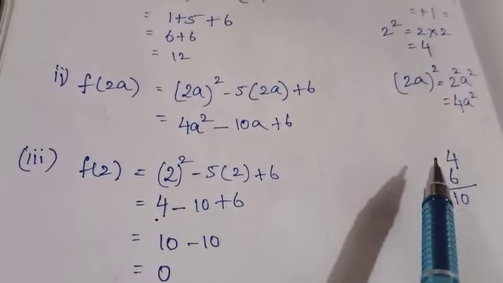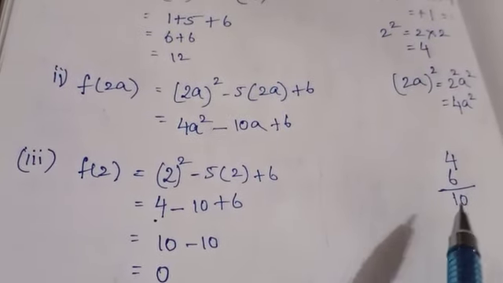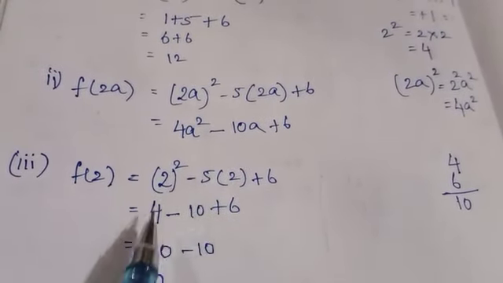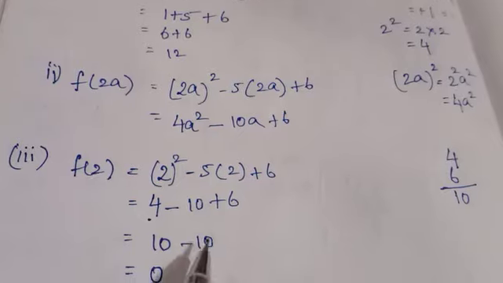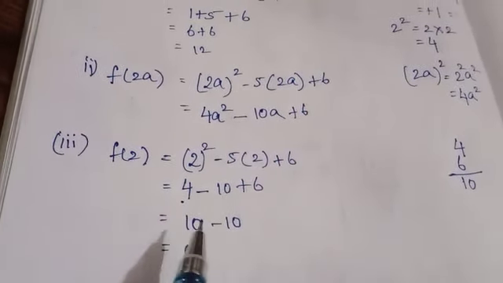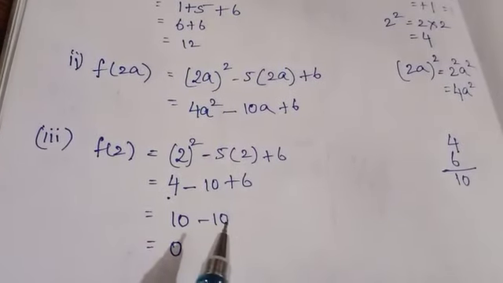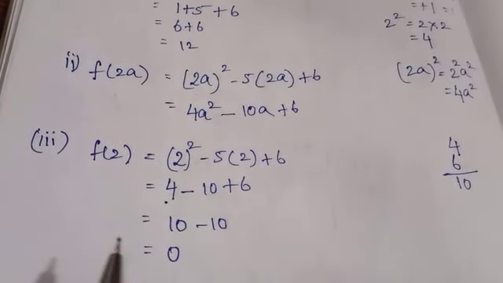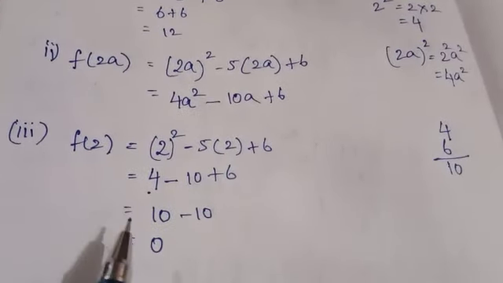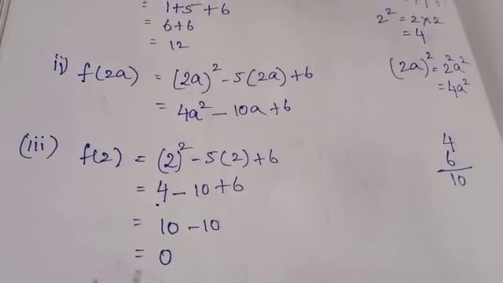Plus into plus is plus, so I have added them and got the answer as 10. Then the remaining number left out is minus 10. So now it is 10 minus 10. Sorry, not 10 minus 10 minus 10, it is 10 minus 10. So the answer is 0.